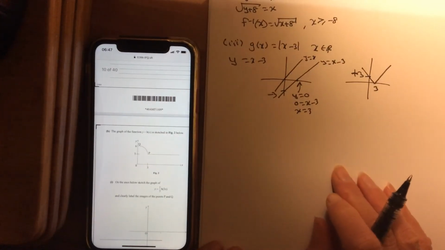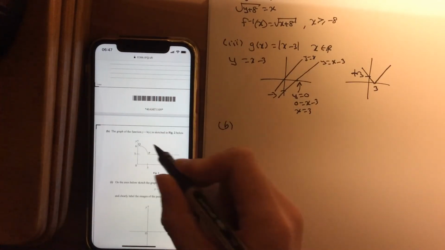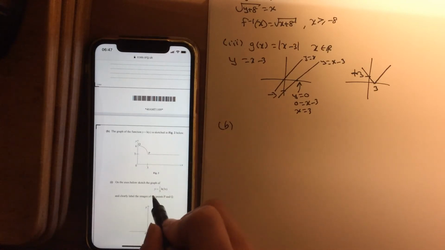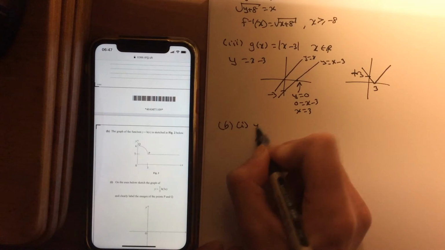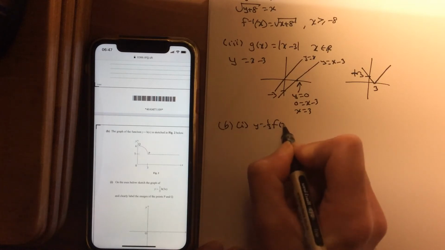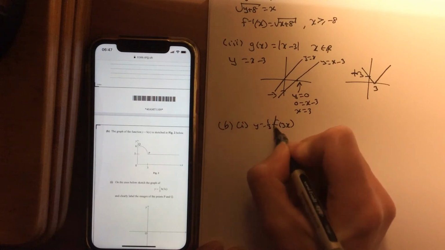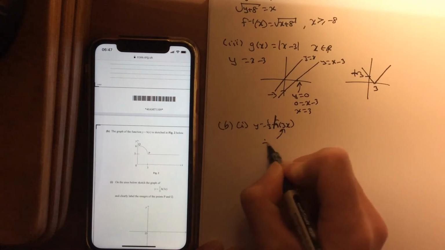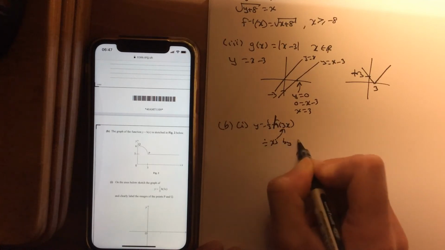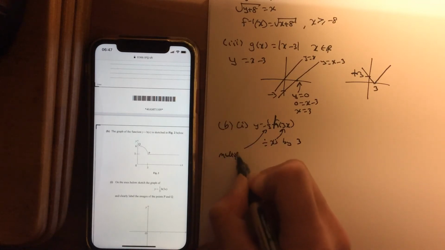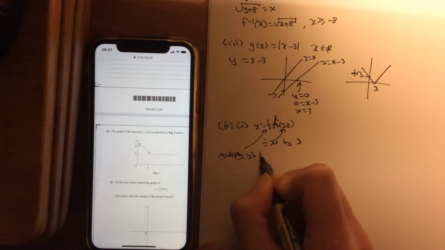Part B. You've got this here graph, 3, 3, 6. I want to do in part 1, y equals a third f(3x). Sorry, h(3x). So what I will do is I will divide the x's by 3 and multiply the y's by a third.